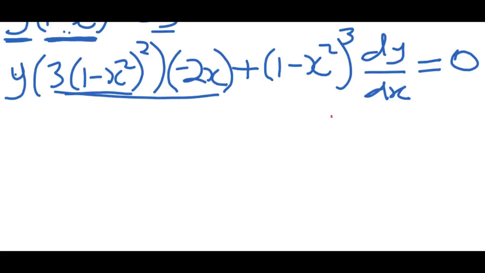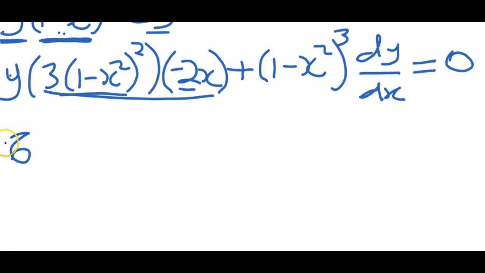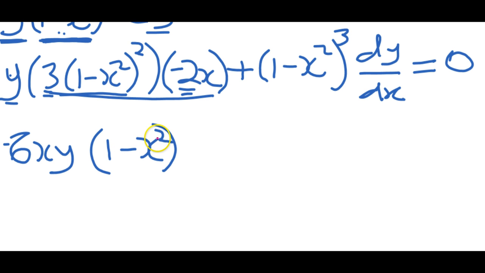Now I can further simplify this. Note that this can multiply this to give me 6, negative, because I have negative here, negative 6xy. That is multiplying this 3 by that 2 will give me negative 6xy. Then into bracket 1 minus x to the power 2.